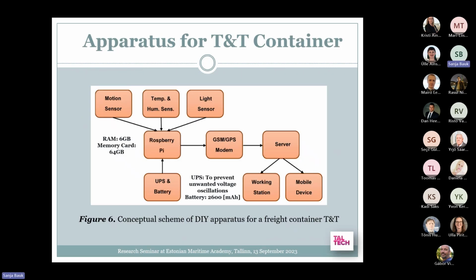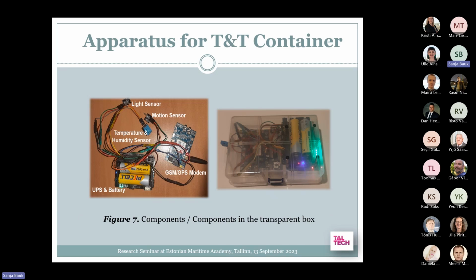In the very center of this instrument is a Raspberry Pi computer, and it is connected with a motion or tilt sensor, a temperature and humidity sensor, a light sensor, and it has power supply through battery and UPS. It is connected with a GSM and GPS modem. These modems, of course, communicate with the server, and the server communicates with desktop and mobile devices, with laptops and smartphones.